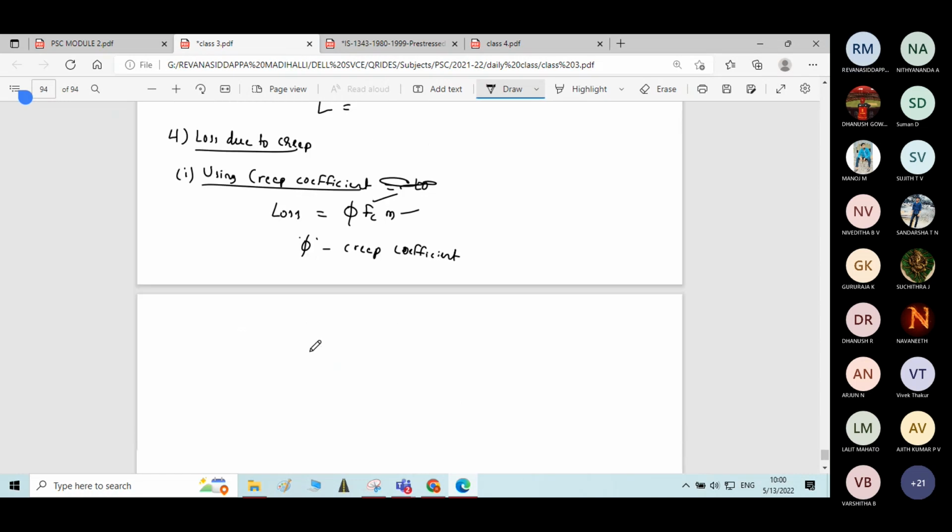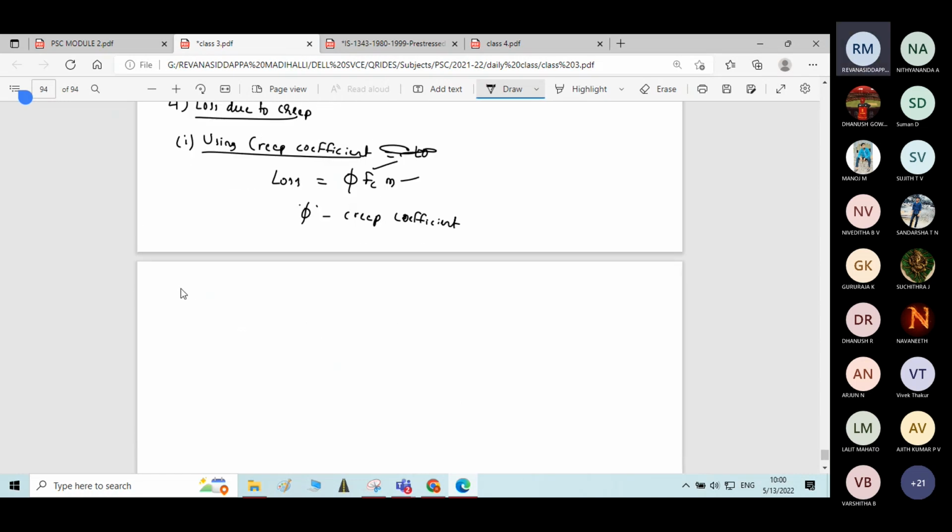Next, the second one. Sometimes the creep coefficient is given in the problem, and sometimes the ultimate creep strain will be given. It is denoted by epsilon cs.